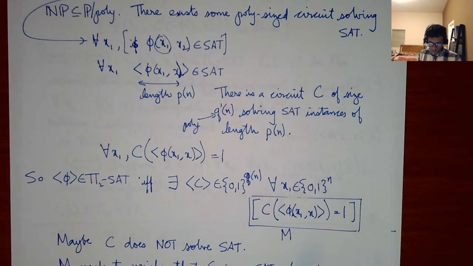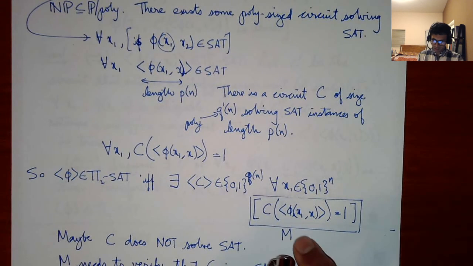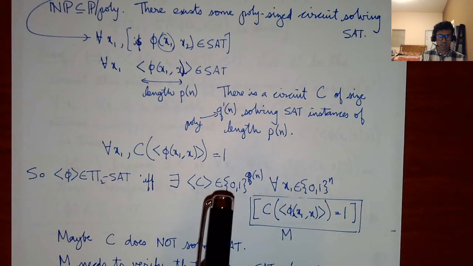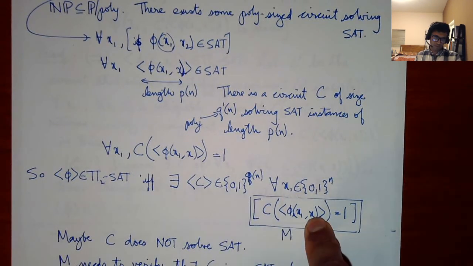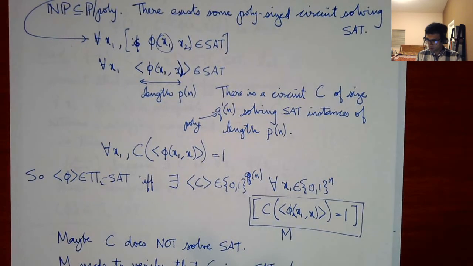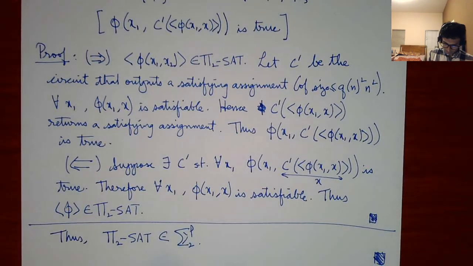So it doesn't even need to explicitly verify it. All it has to do is plug in whatever that satisfying assignment is in the position of X. If it gets a satisfying assignment, just plug that in. And this is all that is required.